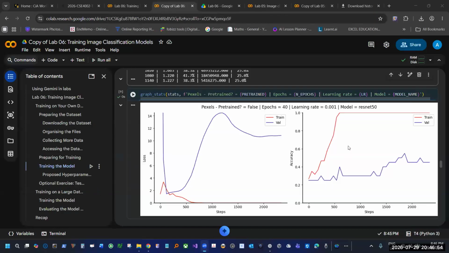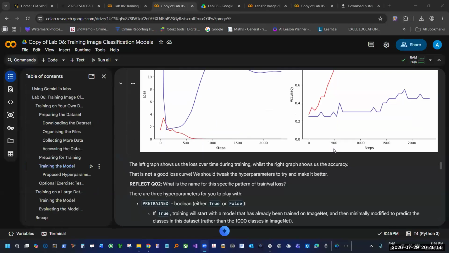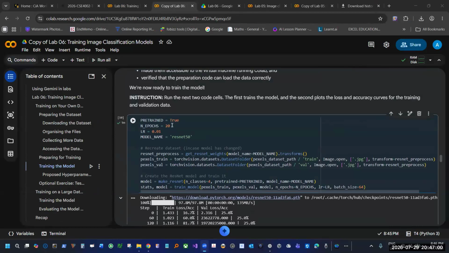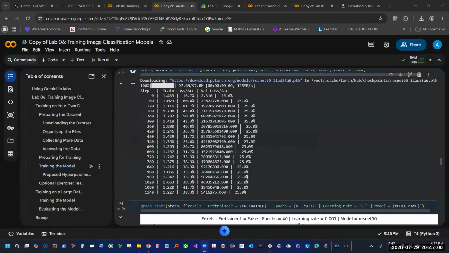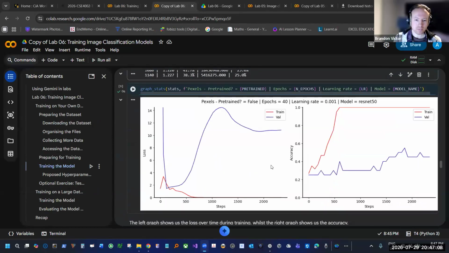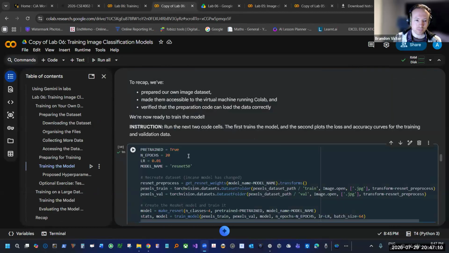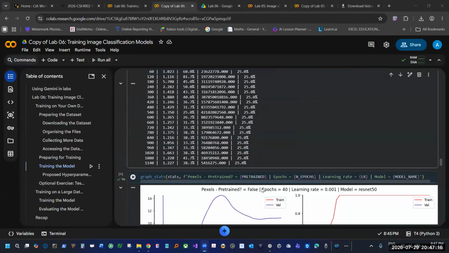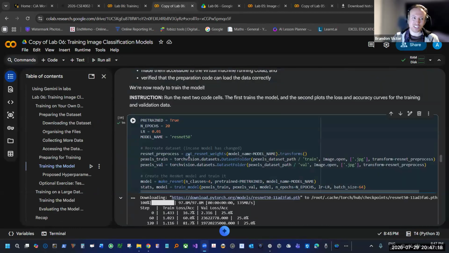I changed here. These ones I made true, and then 20 and 0.1. Then I got this one. I don't know which direction I should change.